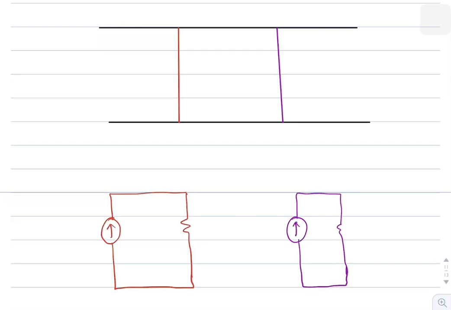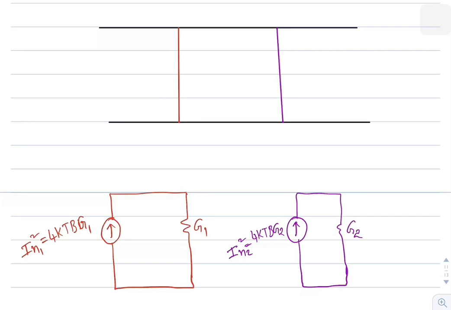The value of the noise current source in the first case is In1 square equal to 4kTBG1, where G1 is the shunt noise conductance. Similarly, for the second circuit, In2 square equal to 4kTBG2, where G2 is the shunt conductance.